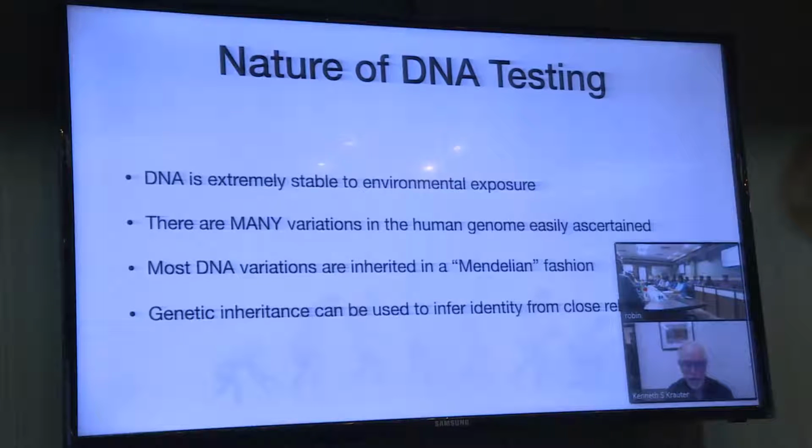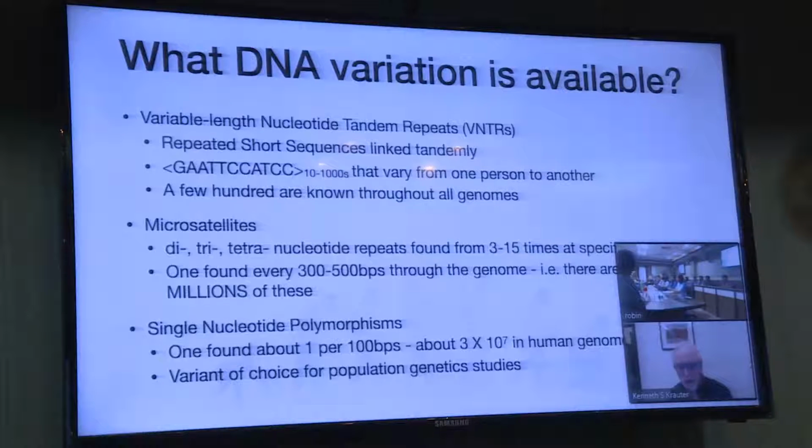And so DNA, therefore, is a molecule that's useful in many ways for both identifying whose DNA it is and identifying which DNA you're particularly looking at. So when thinking about DNA variation, there are a number of forms of commonly used DNA variation that are used in forensic studies.